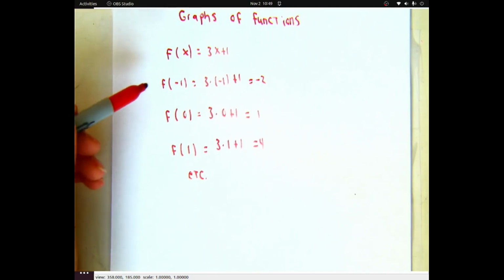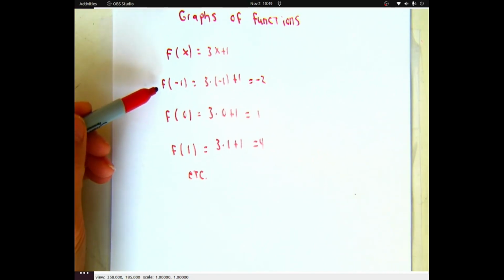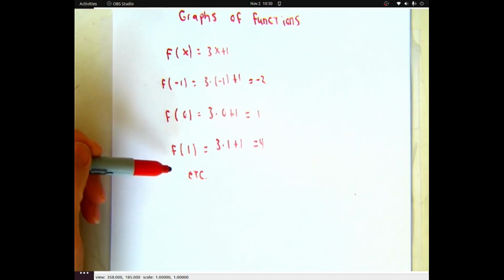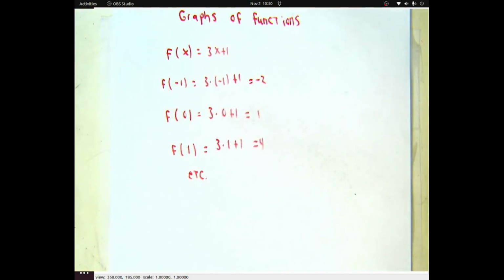For example, if you did that procedure to the number -1, the result would be what we call f evaluated at -1, f at 0, f at 1, and so on and so forth. For this particular function, I can put any x into it that I feel like, and I'll get an f of x out to go with it.